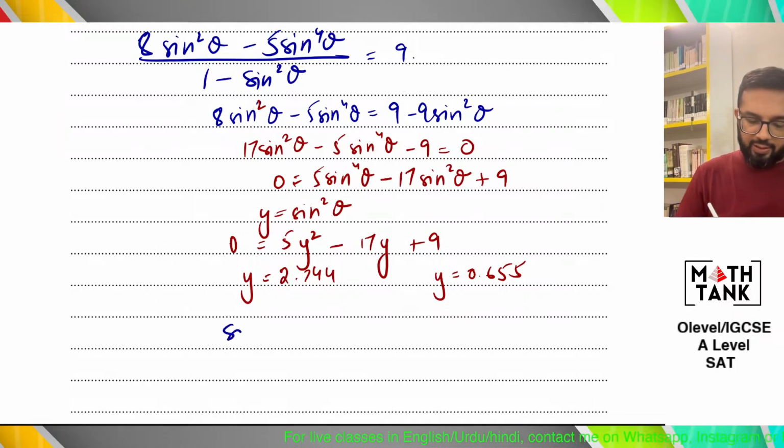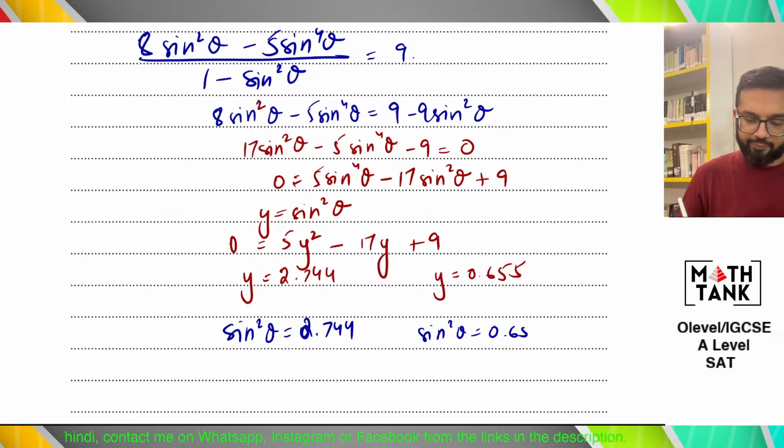So sine square theta can be 2.744 or sine square theta can be 0.655. The root of 2.744 is sine theta equals to 1.656. That's not possible.